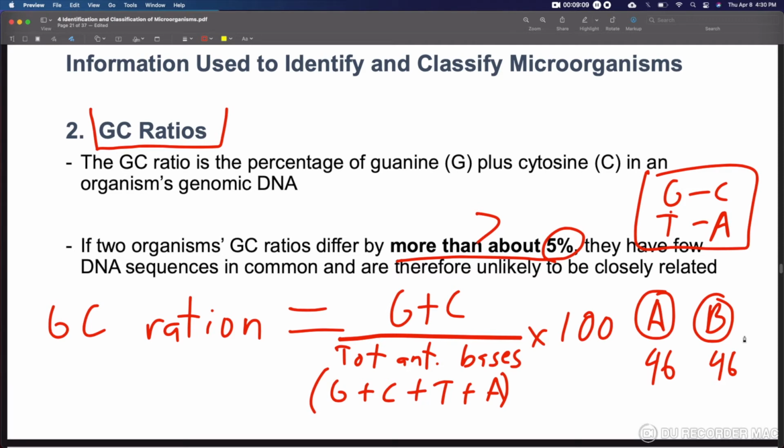Because GC ratios just measure the amount of the G's and C's in the DNA. It doesn't give you the specific sequence of those G's and C's in that DNA. Do you get that? That's why I always tell my students that the GC ratio is just an estimate, a rough index of the relatedness of your different microorganisms.